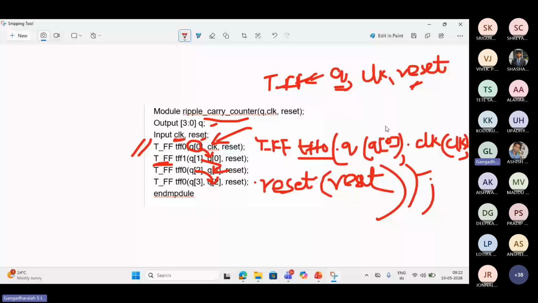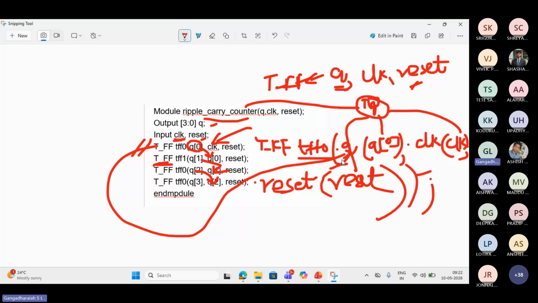Whatever I am writing inside the bracket is with respect to the top level module. Please understand, this is important. Whatever I am not writing inside the bracket is with respect to the lower level module. The lower level module is TFF. This is clock, this is reset.